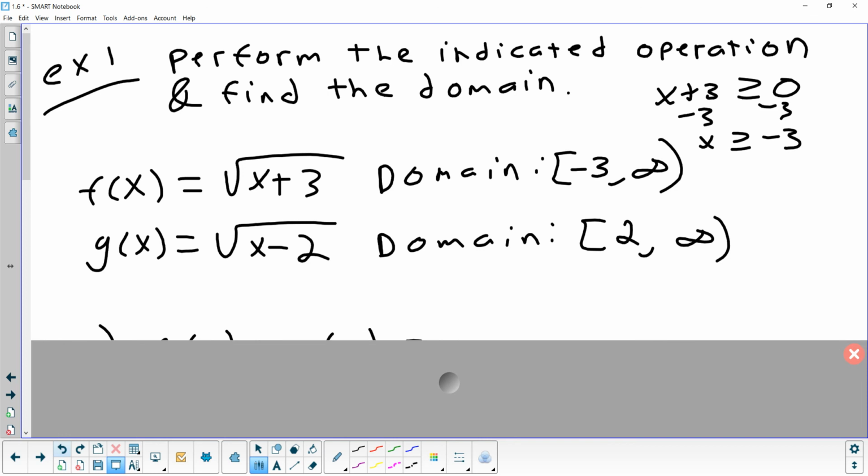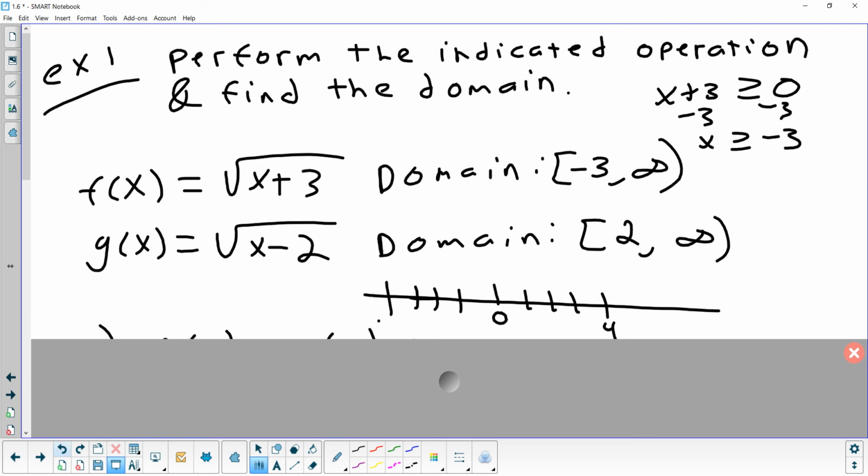Now, when we combine these together, the domain is the overlap. So think of it like this. 0, 4, negative 4.